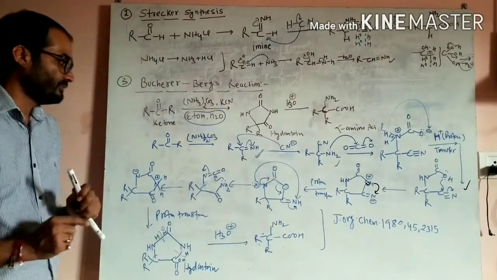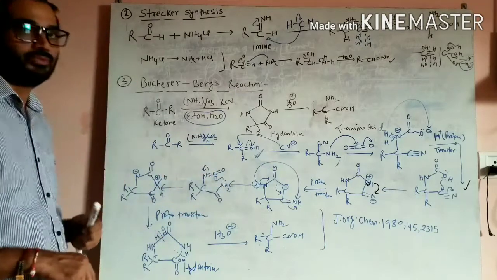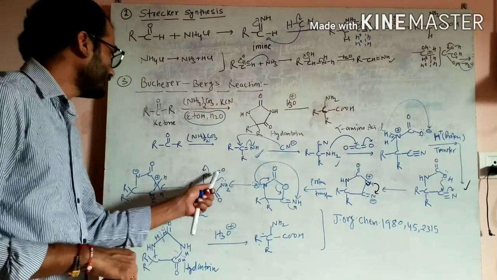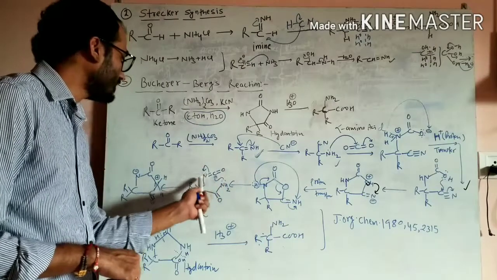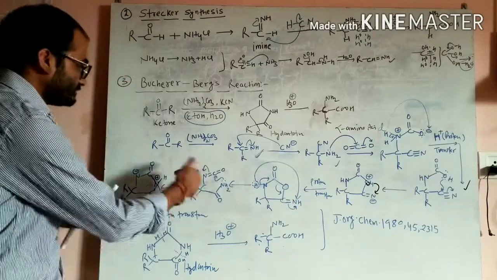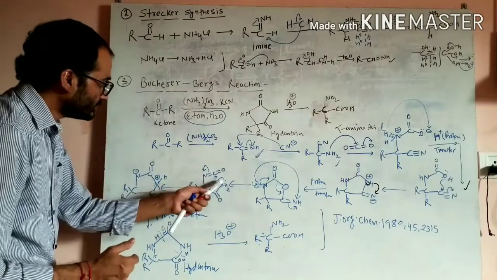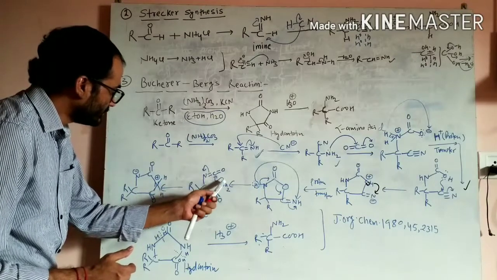Now again cyclization occurs. Here this NH2 group is acting as a nucleophile and attacking this isocyanate carbon R, and this R and CO, this carbon atom. So this bond will flip towards the nitrogen atom, and this will react.